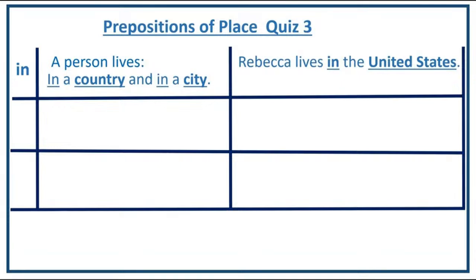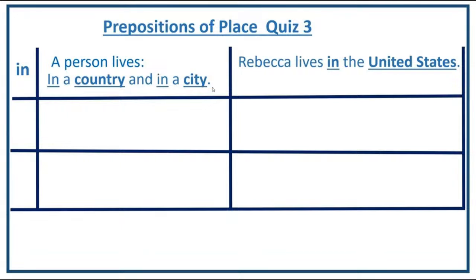So as long as a person is staying or living in a certain country, you have to use in. In Denmark, in Finland, in Thailand. Alright? Use in. And a city. If a person lives in a city, use in.